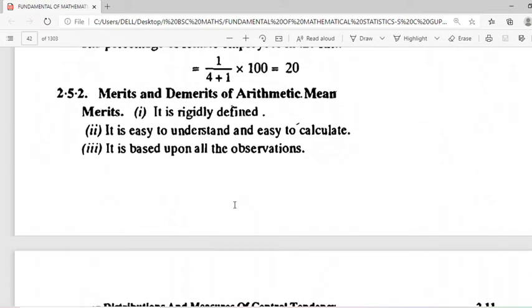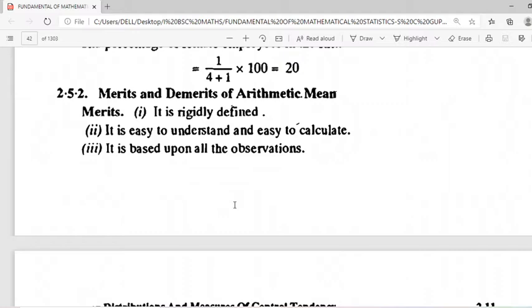So there are merits and demerits of arithmetic mean. We are studying several measures of central tendency, especially mean, median, mode. In mean, we have 3 types of mean: arithmetic mean, geometric mean and harmonic mean. What type of measure do we have to use in our problem?